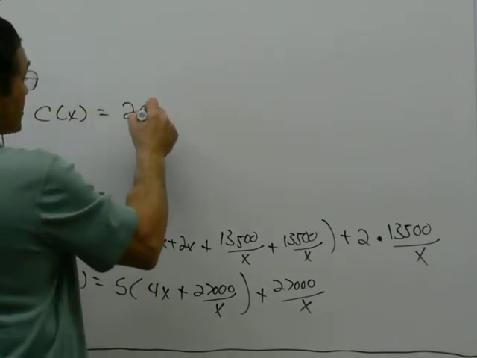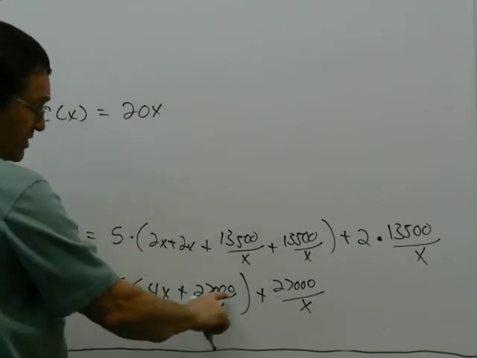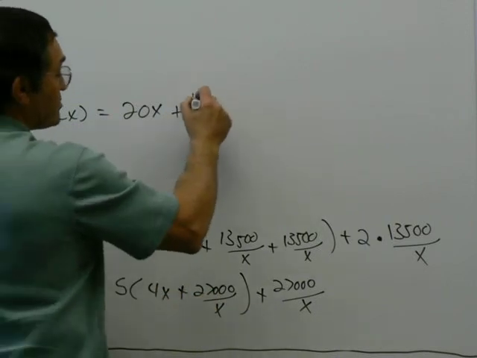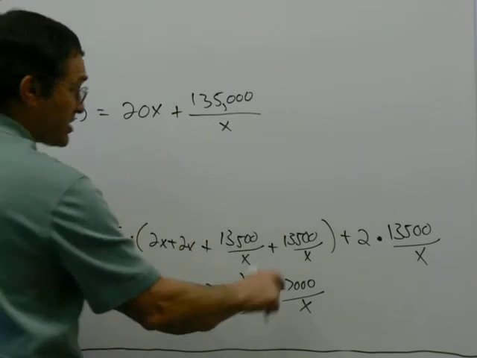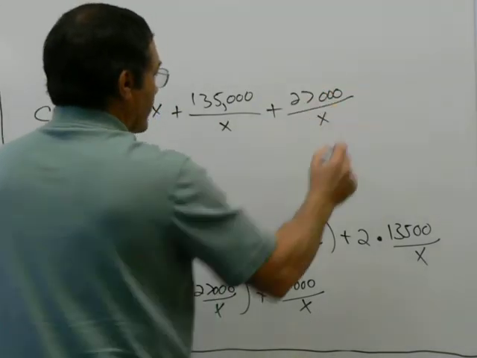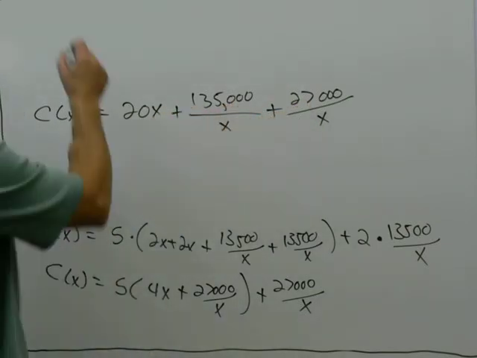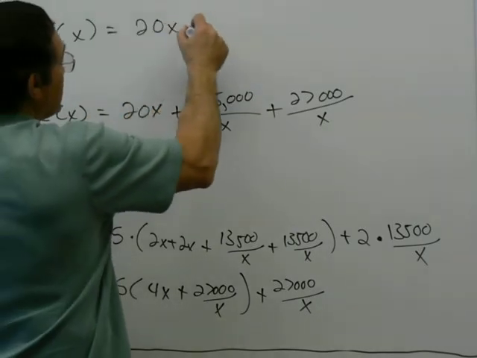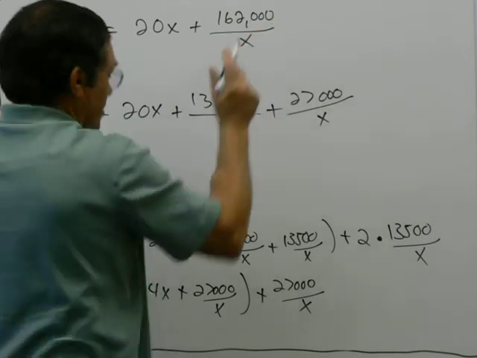So I've got 20x, 5 times 4x gives me 20x. 5 times 27,000, just use a calculator, that'd be 135,000 over x plus 27,000 over x. And finally, I can combine these two terms, and that would be 162,000. So my final cost function is going to be 20x plus 162,000 over x.